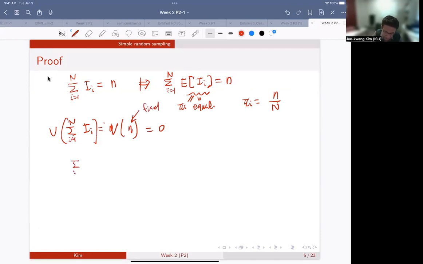Then we have something like this variance. We call this f, then we have basically n.